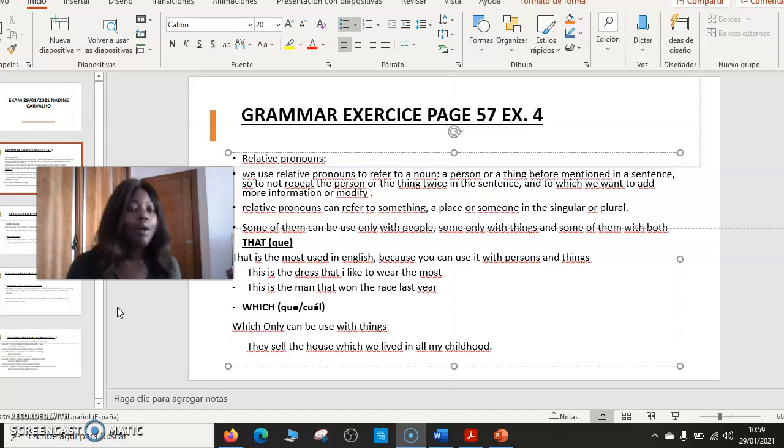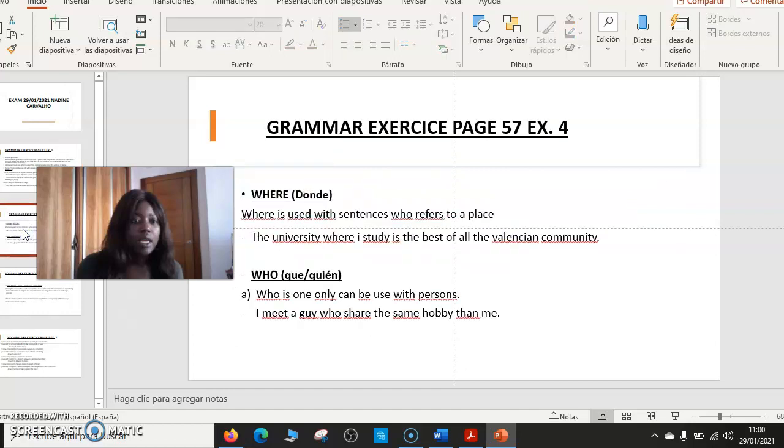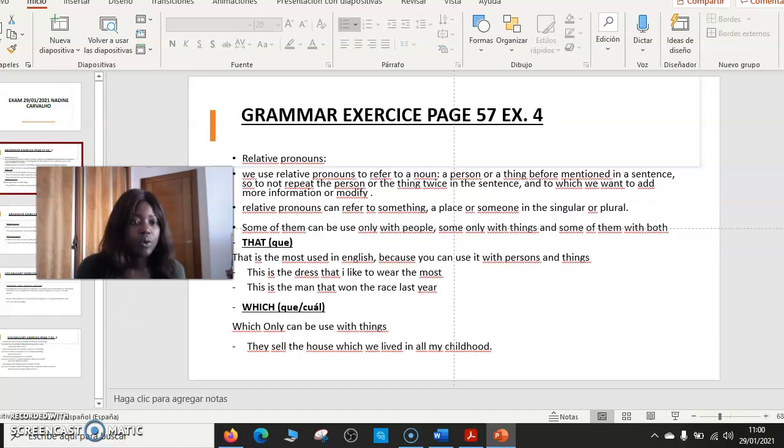So the grammar exercise talks about the relative pronouns. Okay, so relative pronouns, which ones are they: that, which, where, and who. Okay, so let's start with the general explanation of a relative pronoun.